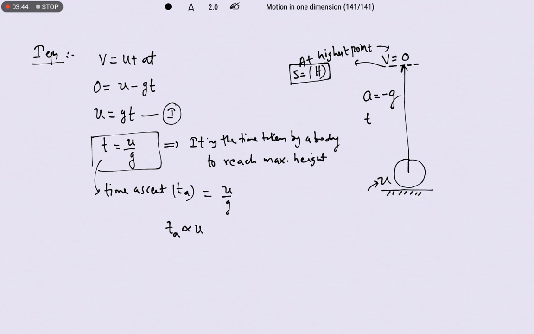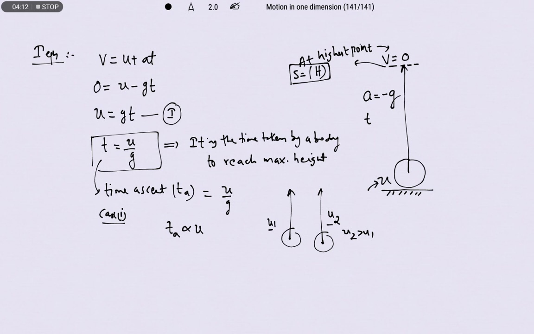So if you throw two bodies with different velocities, one with an initial velocity u1 from the same location and another with an initial velocity u2, then what is the ratio of the time of ascent between the two bodies? Which object is thrown vertically upwards with greater velocity? Suppose u2 is greater than u1.